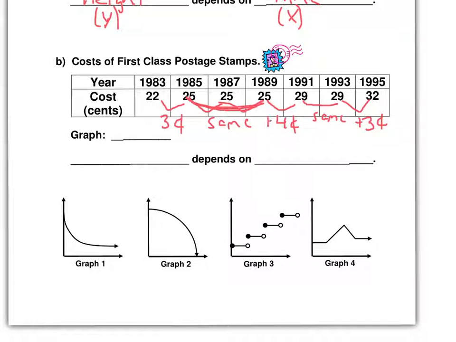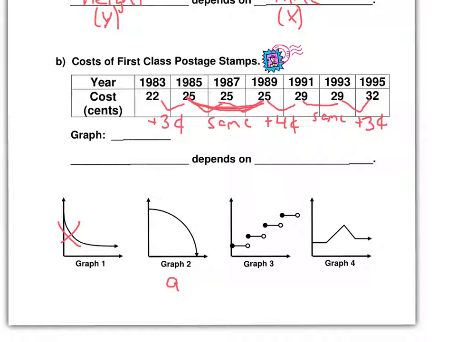All right, using this information, we want to look at our particular example. So it's going up by 3 cents, then it stays the same, remains constant over several years, and then it goes up, and then it goes up again. So which one of these shows that? This one doesn't show it, and we've already used graph 2.